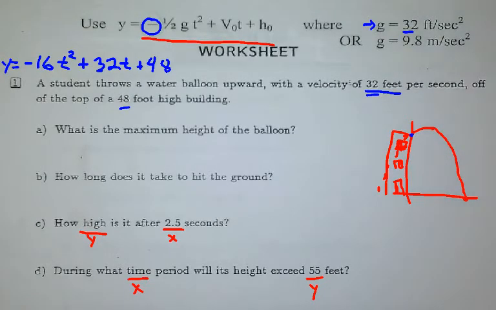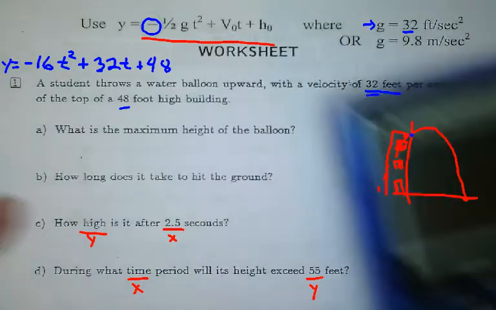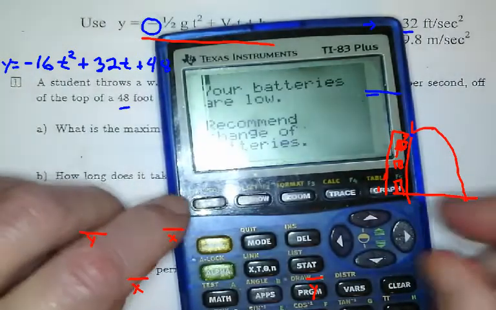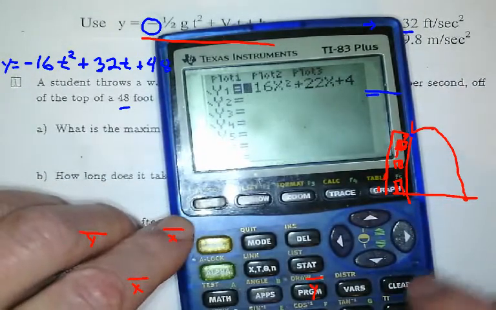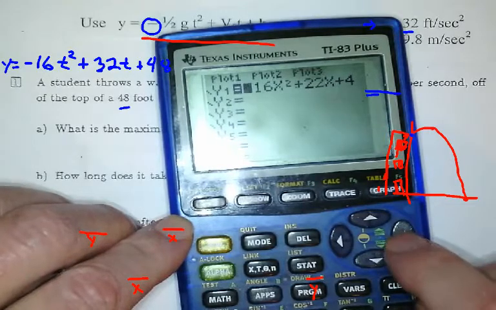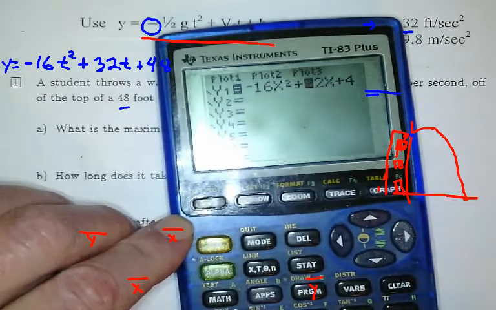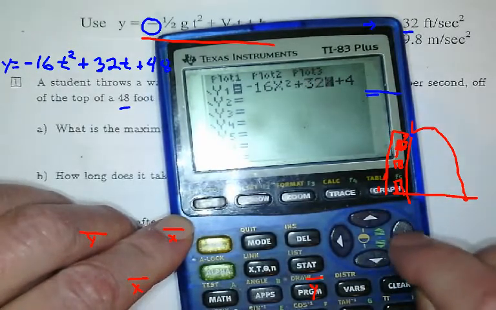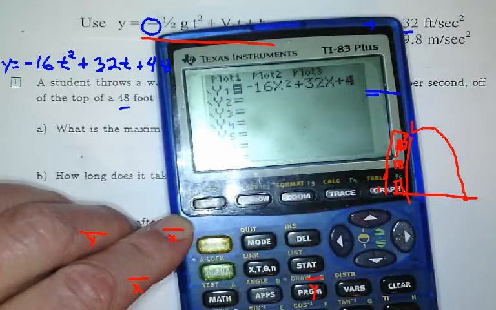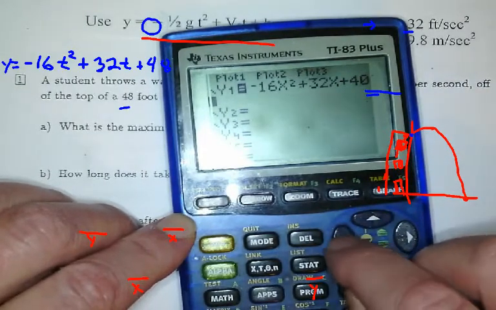So let's do it. Turn it on. Oh, I still haven't cleaned my batteries out. Negative 16x squared, whoops, 32x plus 48. What am I doing?